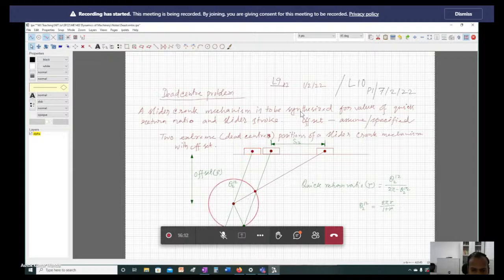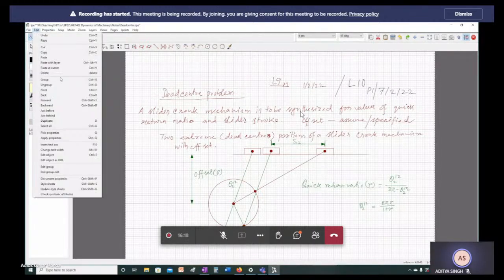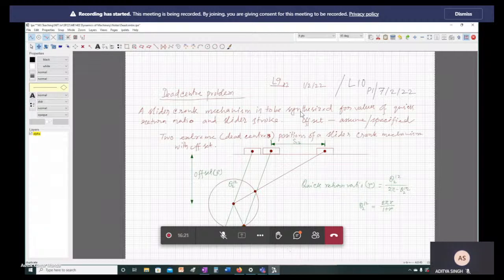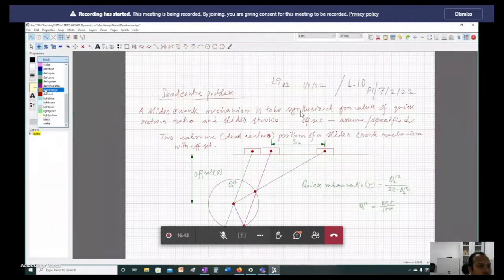Let me draw. First I'm changing its color.